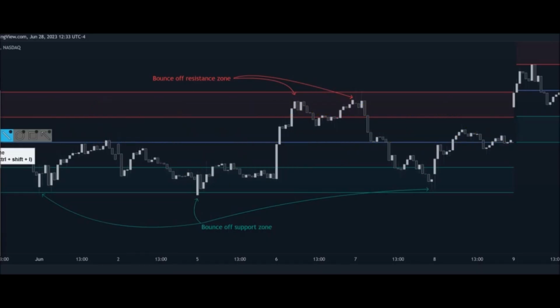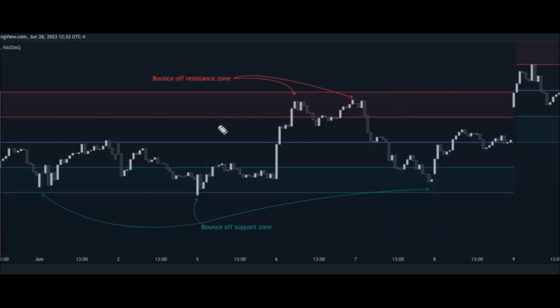Looking at this example, it is very well illustrated over here. We say that the red lines can work as your resistance zones, and your green ones can work as your support zones. So what do you really expect on these zones? We all know these are our key levels where we're supposed to look at the market from.